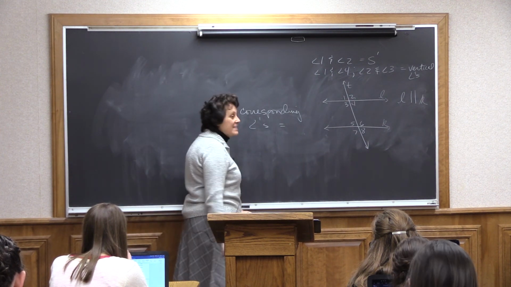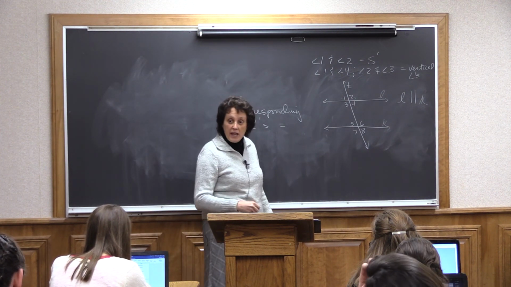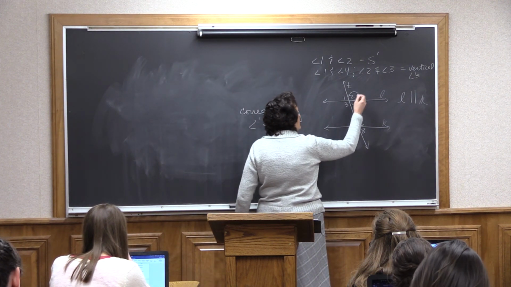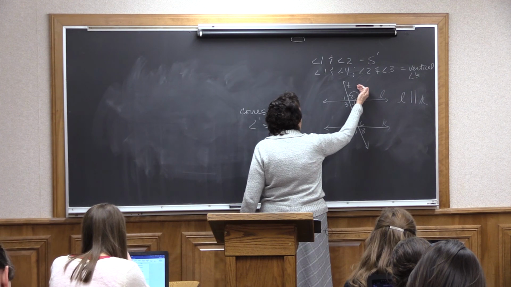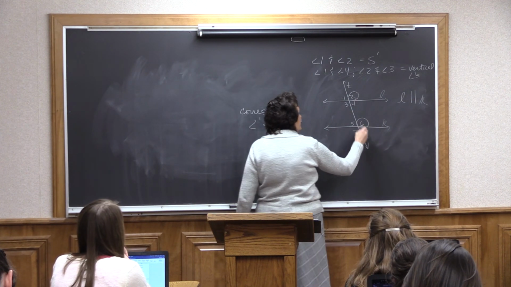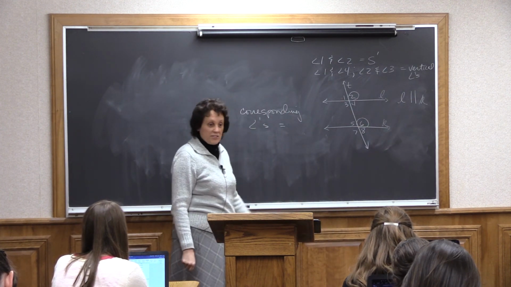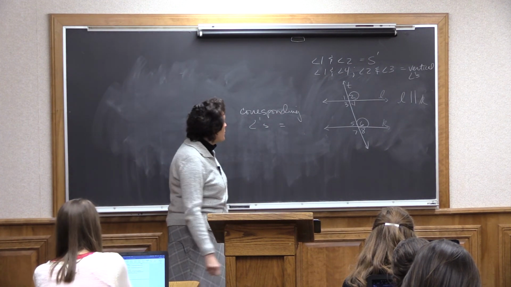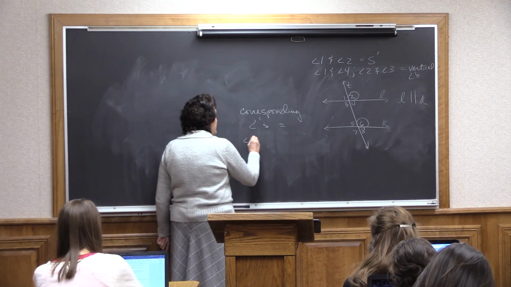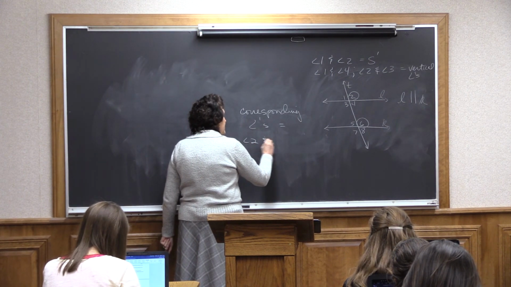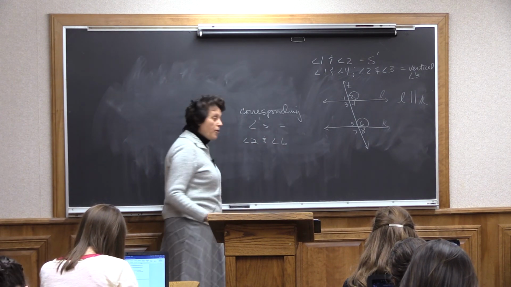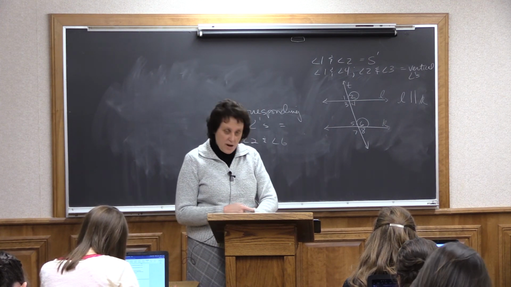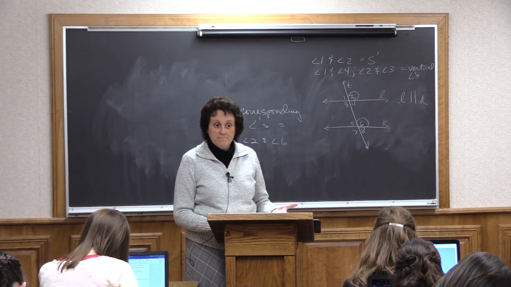Remember, corresponding has the idea of being in the same location but on a different figure. So angle 2 is in the upper right-hand corner, so is angle 6. It's just on line L versus line K. So we have corresponding angles. Angle 2 and angle 6 are corresponding angles because they're in the same location but on different figures, right?